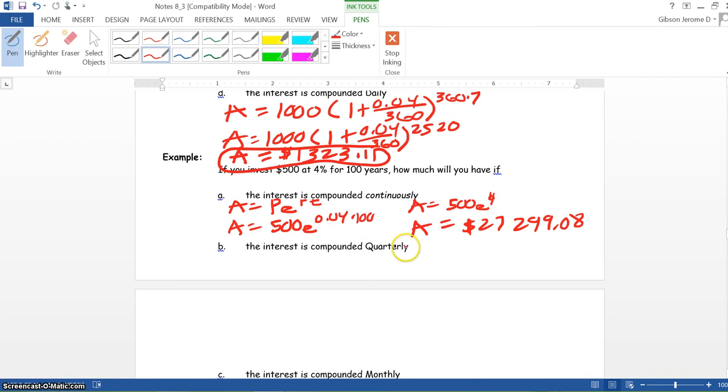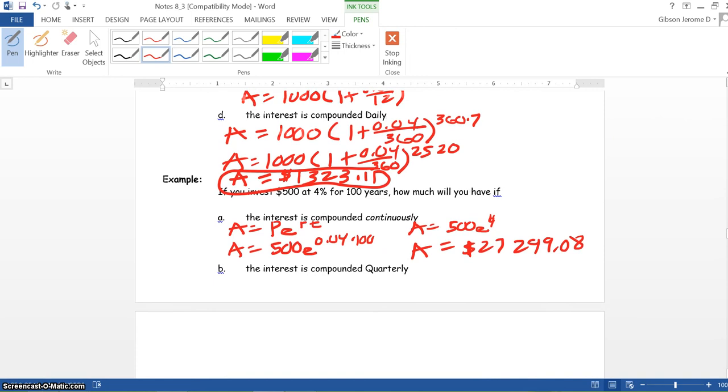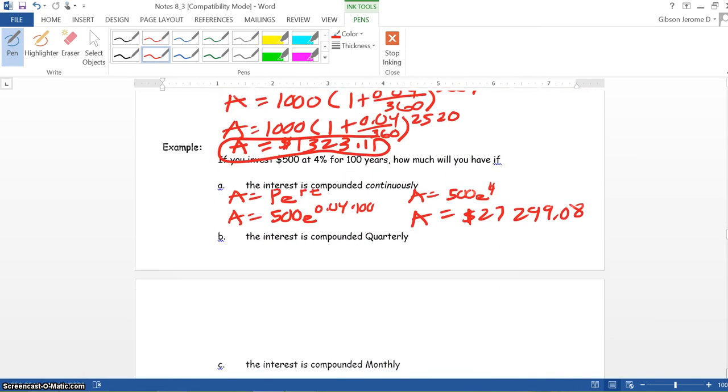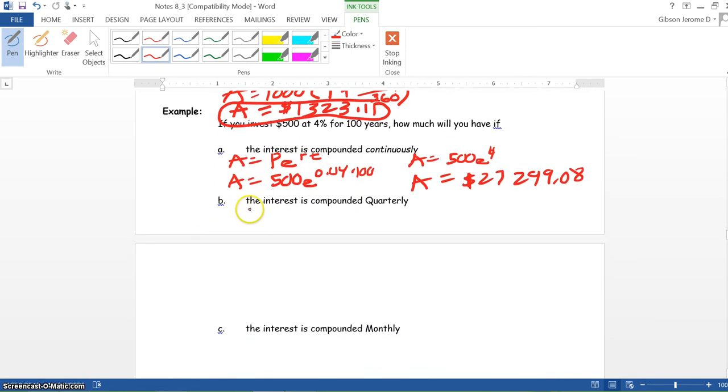Now we come here, the interest is compounded quarterly. We basically use the same formula as we used up and actually here, which is B, C, and D. Now for every problem, I'm not going to write out the formula. So some problems I'm just going to jump right to it. So A is equal to, now we know P is 500 times, it'll be 1 plus R over N. Our R is 0.04, and our N, since it's quarterly, is 4. And then we would do N times T, it'll be 4 times 100.